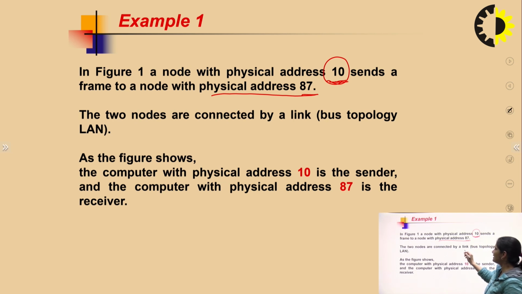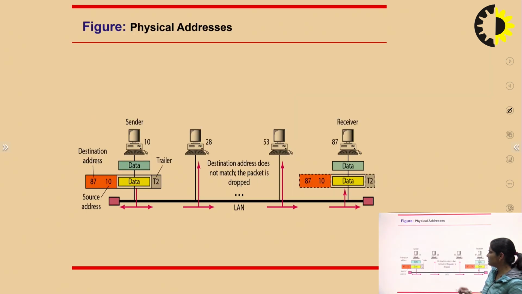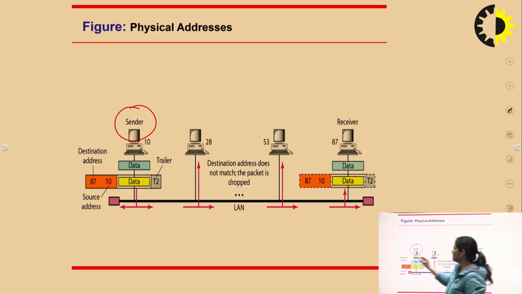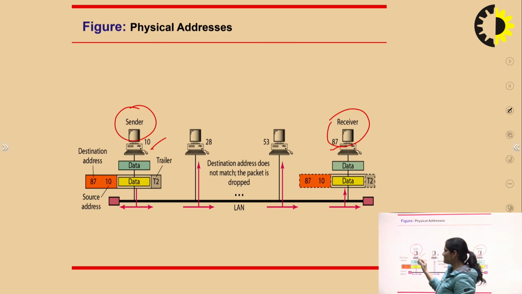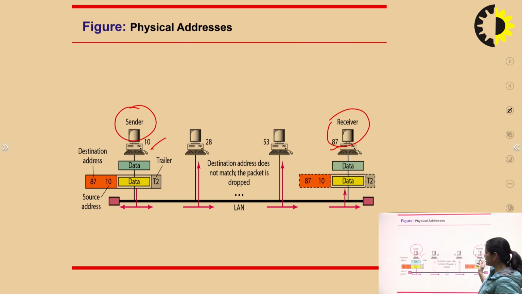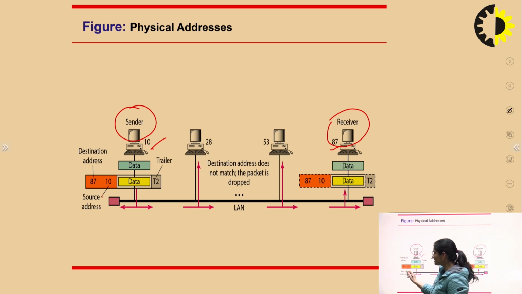Now two nodes are connected by a link, that is, in a bus topology or a LAN. We will discuss it in this figure. This is your sender and this is your receiver. The sender's physical address is 10 and the receiver's physical address is 87. When we are sending data, we assign the source address, which is 10, and the destination address, which is 87.